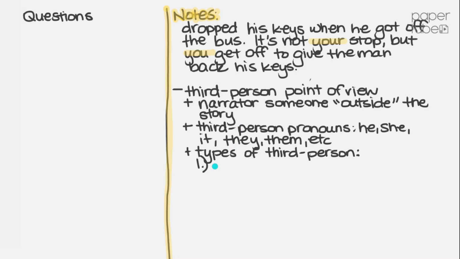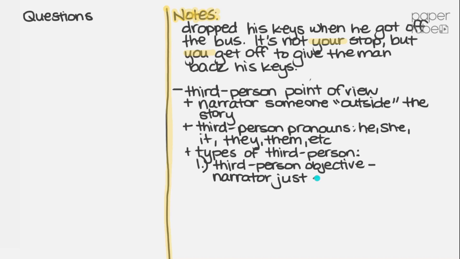Third person objective is when the narrator is simply describing what's happening. So the narrator just describes what's happening. There aren't any thoughts or feelings included.